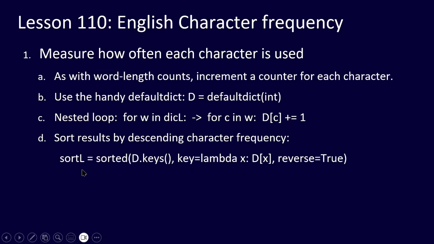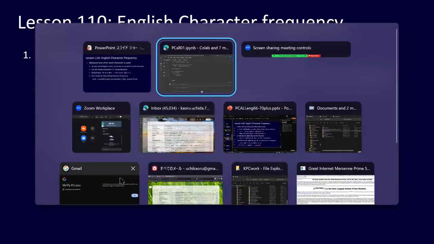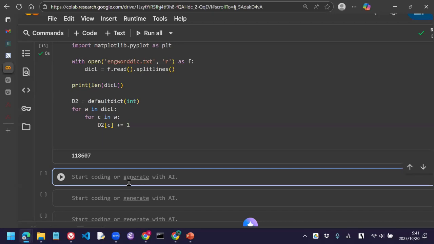So ansL equals, say, sorted D2 keys, and key is a lambda.